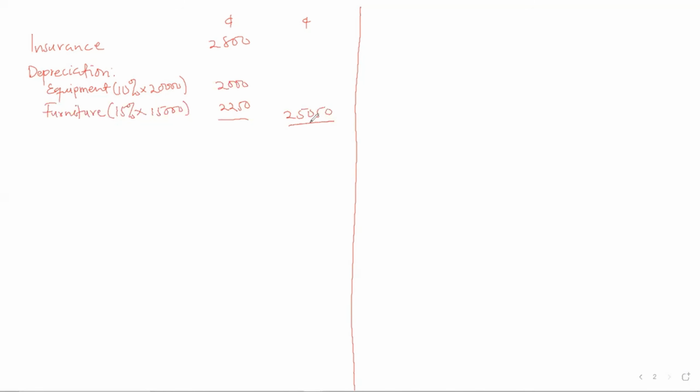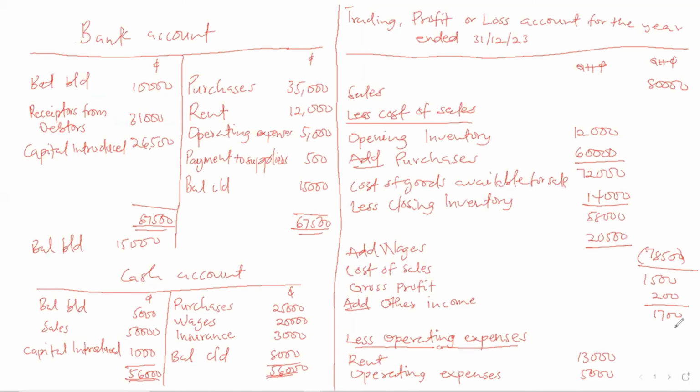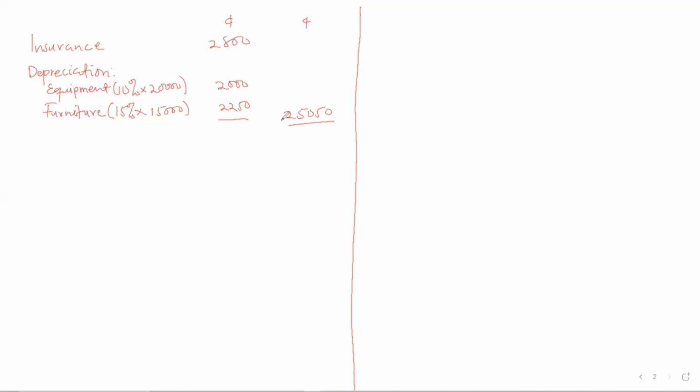So when we less this from 1,700, we will have 2,350, which is a loss. So we just write net profit and we just put it in brackets, or you write net loss and you don't put it in brackets. So that is our trading profit and loss account.